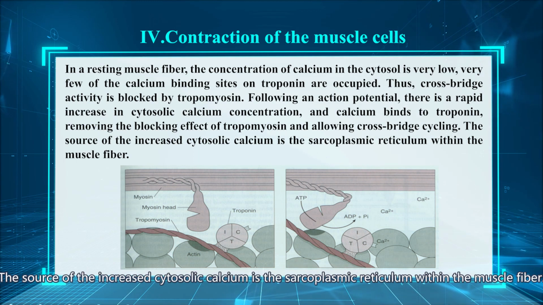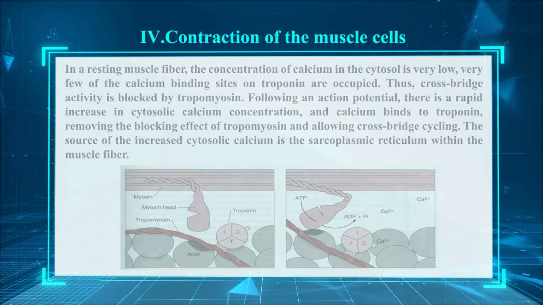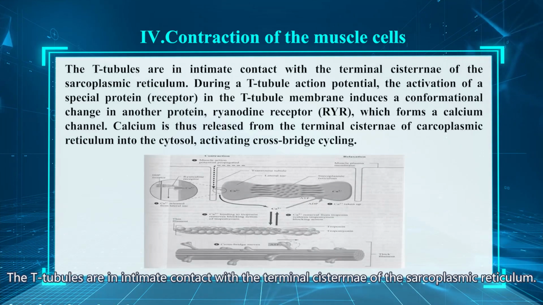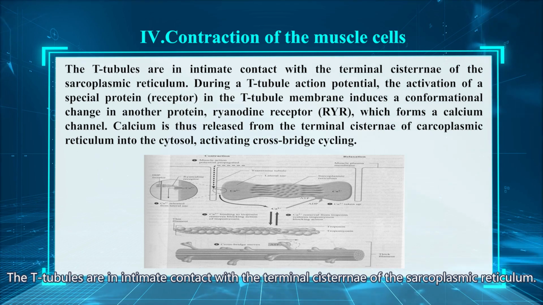The source of the increased cytosolic calcium is the sarcoplasmic reticulum within the muscle fiber. The T-tubules are in close contact with the terminal cisternae of the sarcoplasmic reticulum.